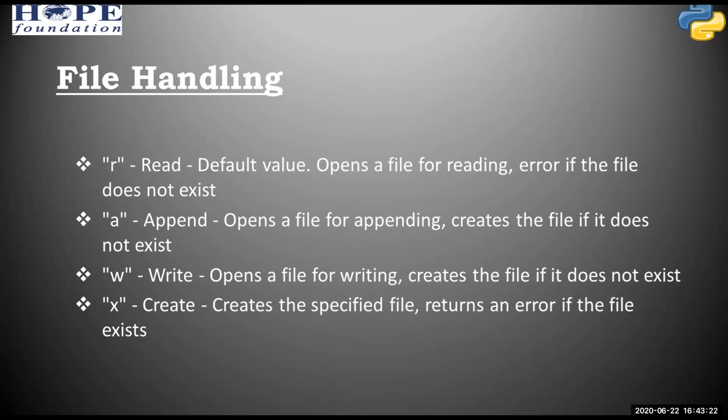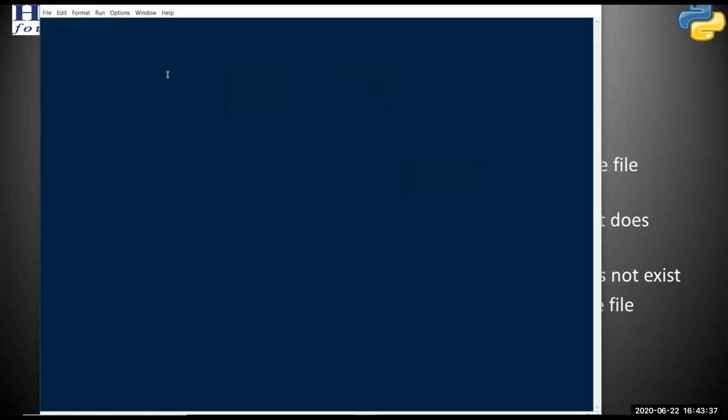Next, W is used to write the text in the text file, and X is used to create the text file. Okay, so let's see how to do these concepts.